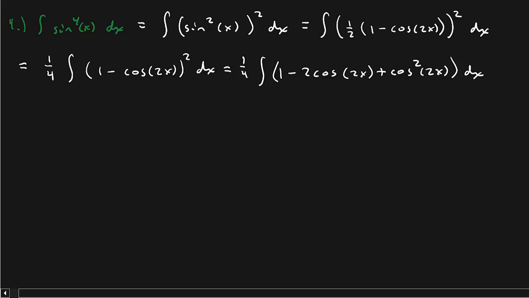Just remember this part right here: it's just 1 minus cosine 2x, squared. Remember, that is 1 minus cosine 2x times 1 minus cosine 2x, and I just foiled it out. That's all I did.